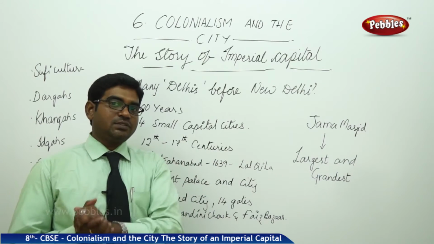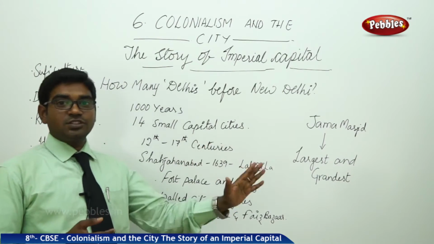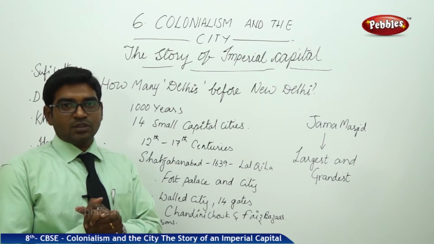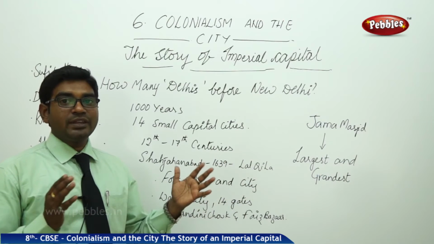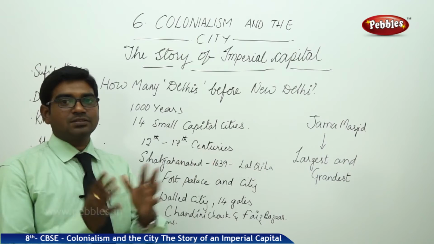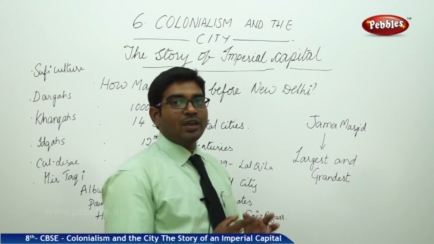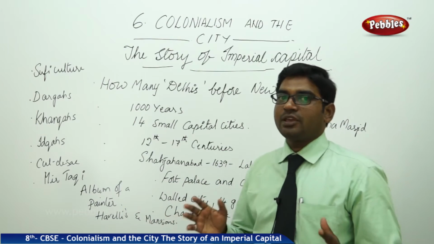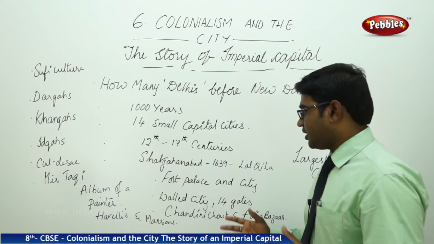One more wonder is that the fort palace and the city are interlinked. In the palace we have nearly 14 gates which merge the city with the palace. Here you find a walled city where there are 14 gates opening for people to come into the palace as well as to go out, and we have the city there.